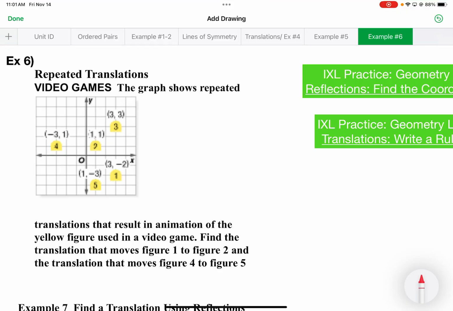However, in my honors pre-calculus class, we're studying matrices right now. And I talk about how if you create an image on a screen of a figure, you do so with a bunch of different coordinate points. And then if you take an action in a video game, you move your figure to another location, and that can be done using matrices.